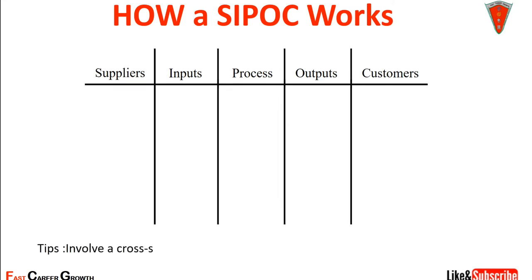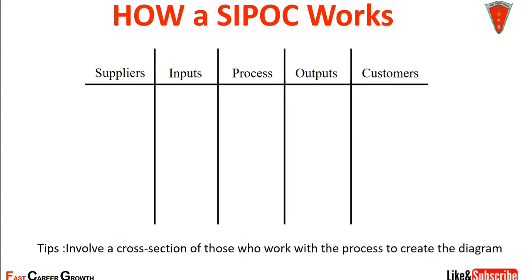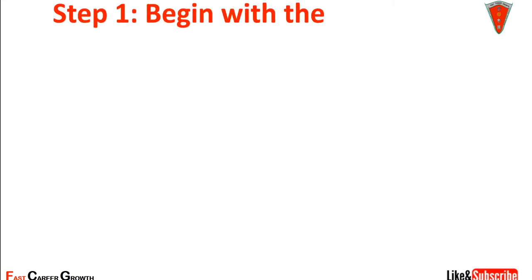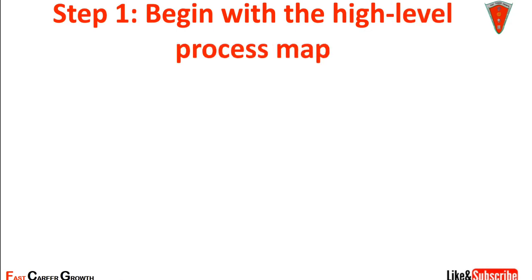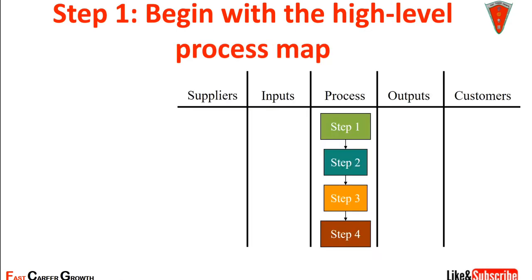A tip for this SIPOC: involve a cross-functional team of those who work with the process to create the diagram. So step 1, begin with the high-level process map. This is all about the SIPOC chart, and first you have to start from process.